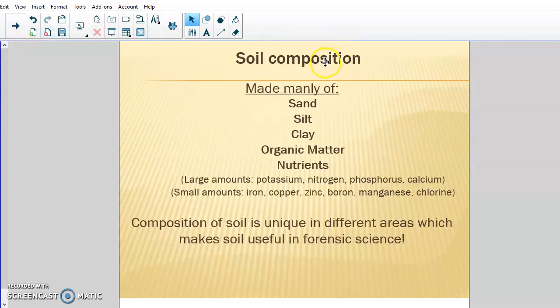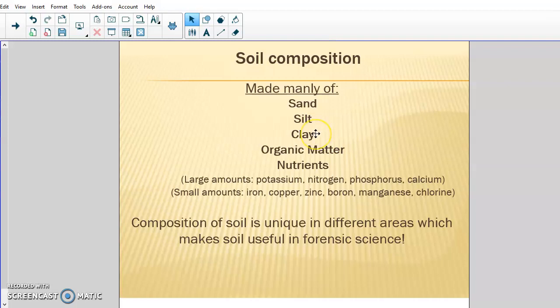All right, so soil composition. What is soil made up of? It's made up mainly of sand, silt, clay, organic matter, and nutrients. And depending on where the soil is in the United States or the world depends on the amounts of these. Okay, so sand, you guys have a pretty good idea of what sand is. Silt is kind of a finer material.